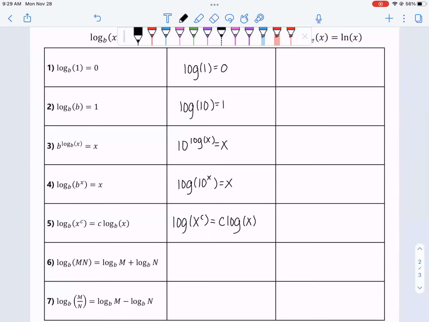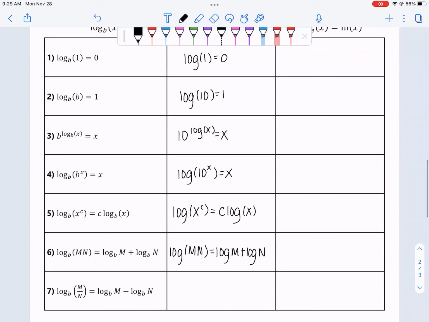For number 6, if you have log base 10 silently of m times n, this becomes log of m plus log of n. If you have log base b of m divided by n, with base 10, it becomes log of m divided by n is equal to log m minus log n, right?